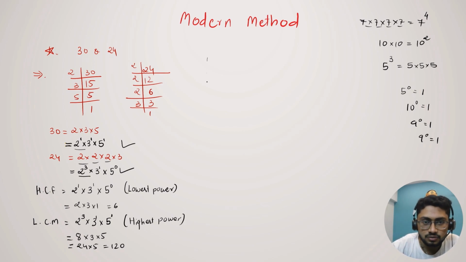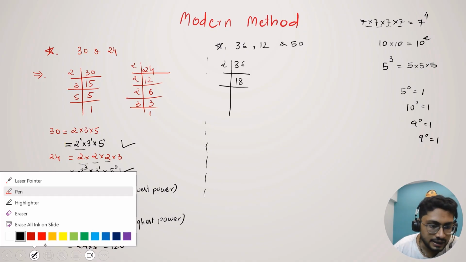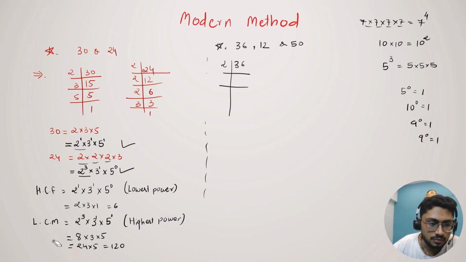Let's try to solve one more example with this method. We'll take the numbers 36, then 12, and we'll consider 50. Here you will get all the answers. For 36, let me give you the steps: 2 ones are 2, 2 eighteens are 36, 2 nines are 18, 3 threes are 9, 3 ones are 3.